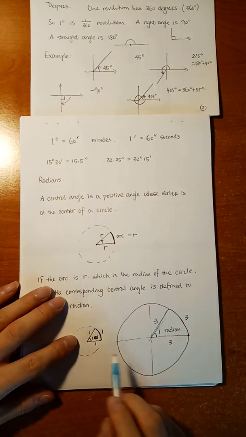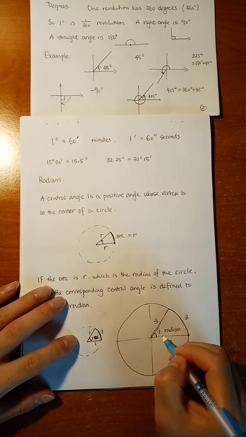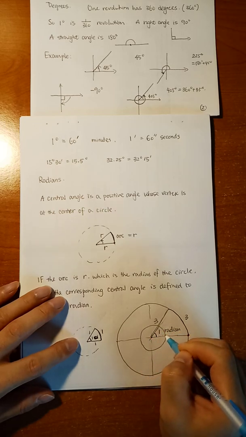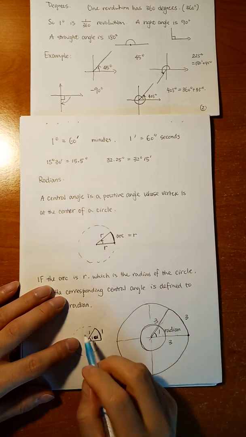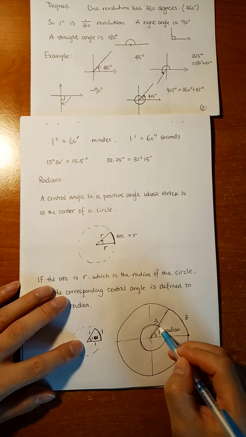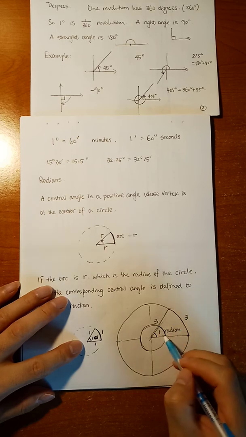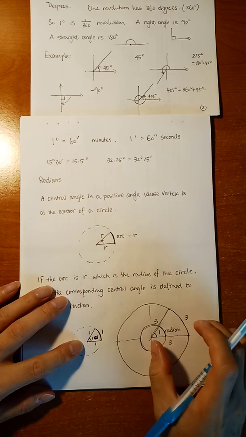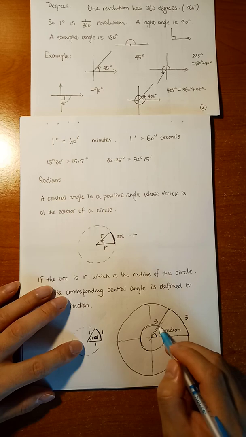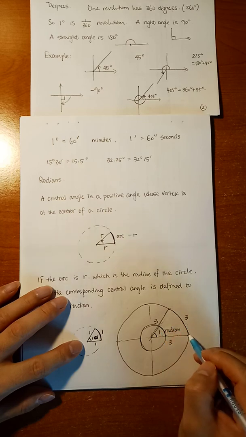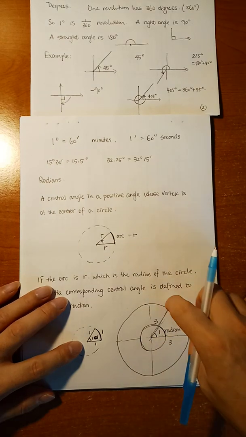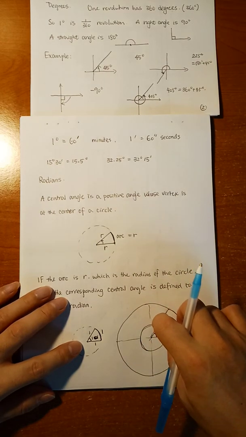If you place the circle with radius 1 here, and here the length is 3, this arc will have length 1 because they are proportional. The radius is 1, this radius is 3. The big arc is 3, the small arc will be 1.